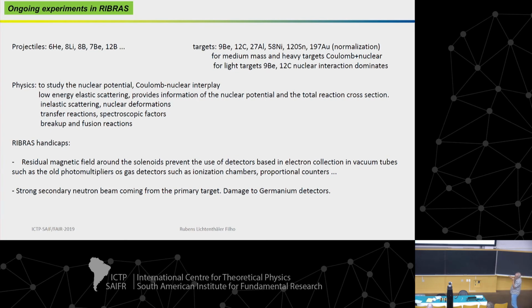So this limits the kind of detector that you can use in RIBRAS. And there is also a strong secondary neutron beam coming from the primary target. So it prevents the use of germanium detectors. So it's difficult to measure observables other than the charged particles, such as gammas and neutrons.